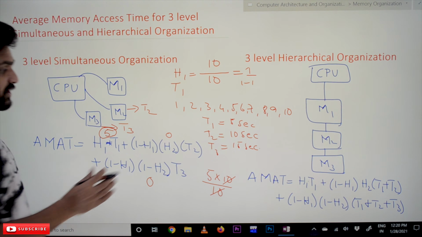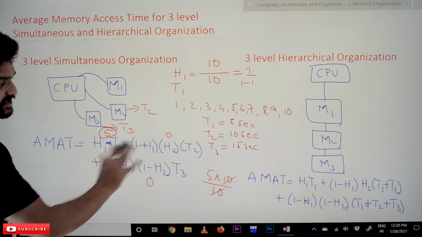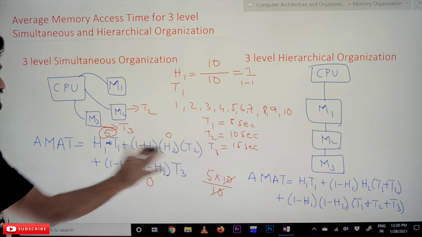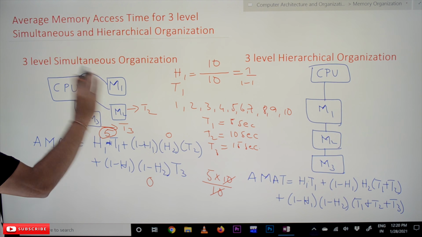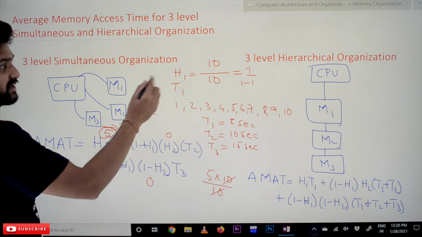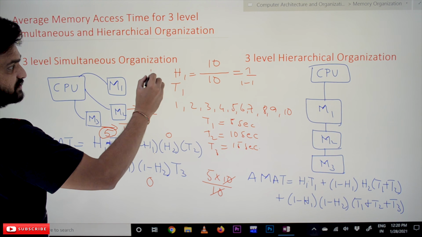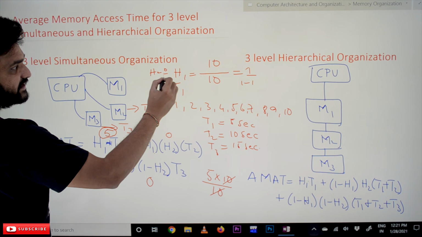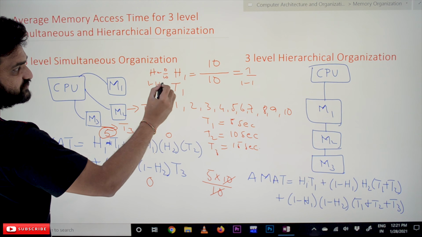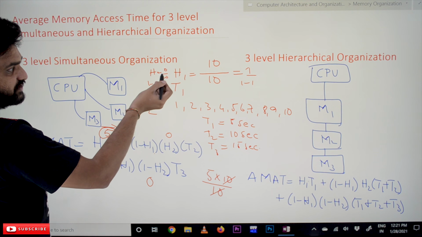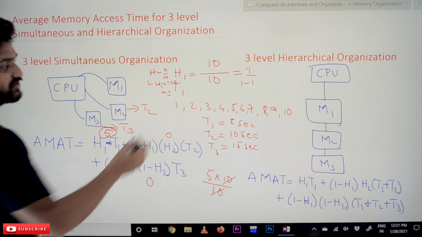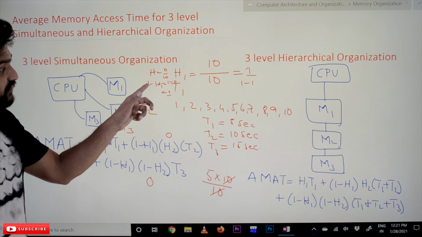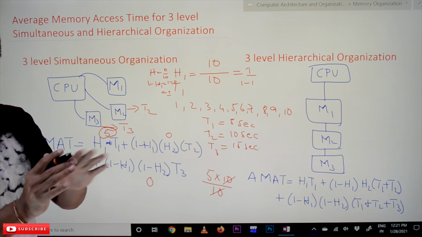For example, if all are hits for H2, all are misses for H1, which means the hit ratio of H1 is 0 by 10 and the miss ratio is 1 minus H1, which is 1 minus 0, equal to 1. 1 means all are misses.